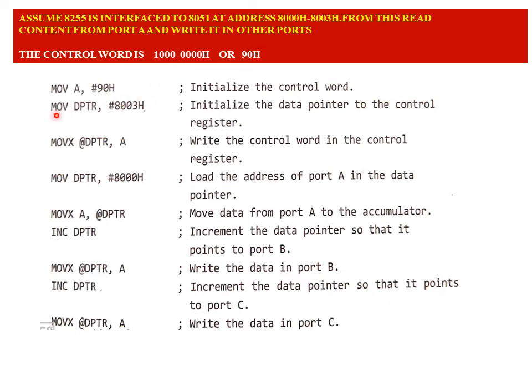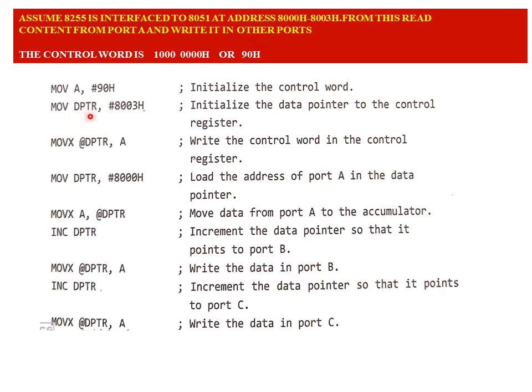That's why in the first instruction, in the accumulator we are passing 90H into the accumulator register. That should be the initialization of our control word. Next we are using the address 8003. This is the address of the control word register, or control register, that is moved to the data pointer register.